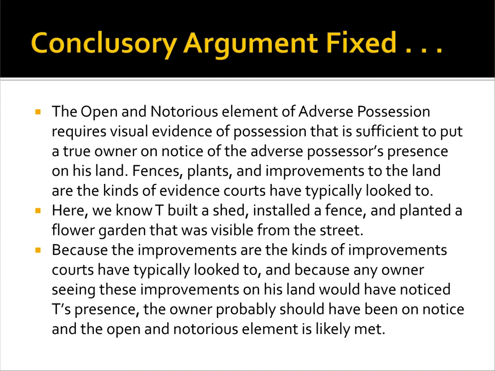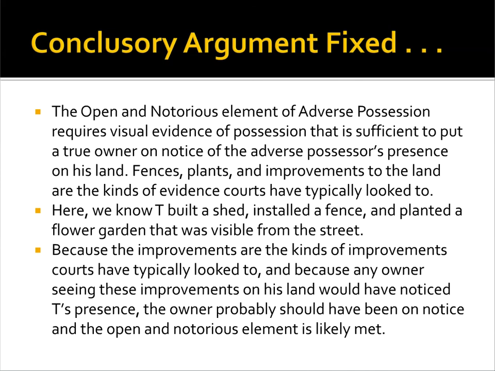Because the improvements are the kinds of improvements courts have typically looked to, so we're referring back to legal authority, and because any owner seeing these improvements on his land would have noticed T's presence, the owner probably should have been on notice, and the open and notorious element is likely met. And that's the key, right? We're returning back to the legal rule that is identified in the first paragraph.